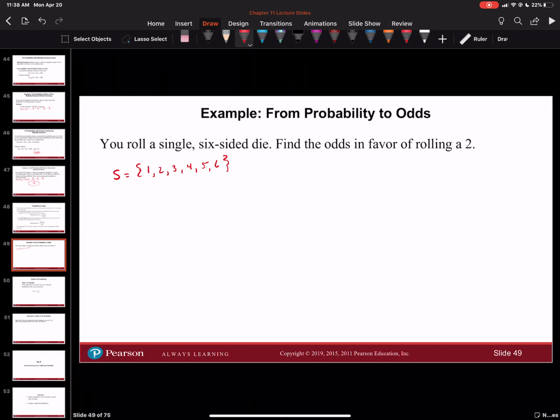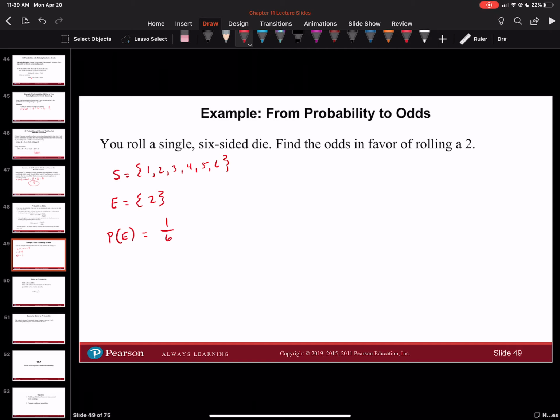All right? So basically in my event, we're just having to roll a 2. Therefore, the probability of this happening will be just 1 out of 6, right? Easy.